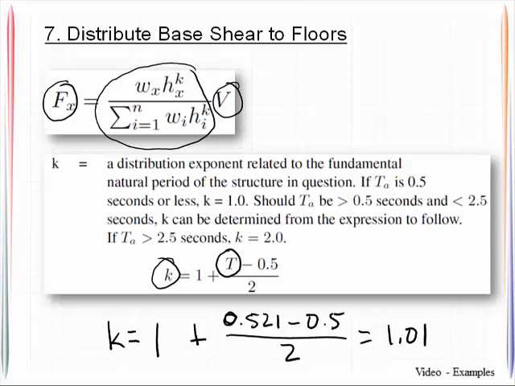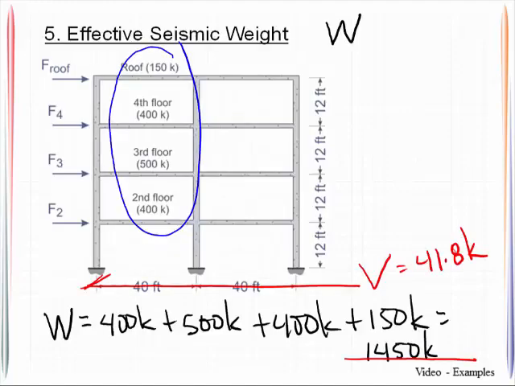And so the next thing I'm going to do is let's go ahead and compute this value in the denominator. So that says we need to sum where i is equal from 1 to n. In this case, we have 4 stories. So let's go ahead and put that in there. We have Wi, Hi, and the Hi is raised to that power of the K. So Hi is the story height, Wi is the weight at each level.